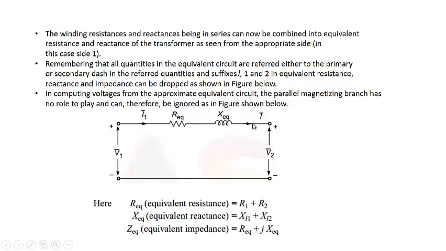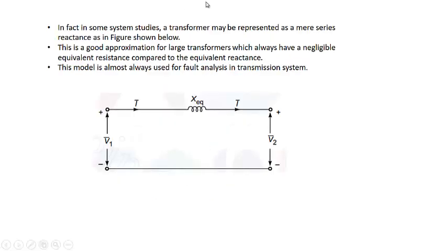In most cases, you will see the transformer equivalent circuit used like this, ignoring the parallel branch, because it becomes easy to incorporate the transformer in the circuit and solve it. In fact, in some system studies, a transformer may be represented as a mere series reactance, as shown in the bigger figure, because resistance is very small compared to reactance, and sometimes we ignore the resistance as well.